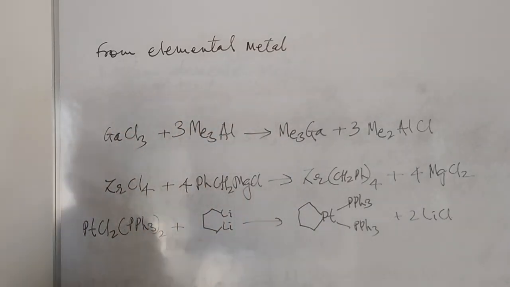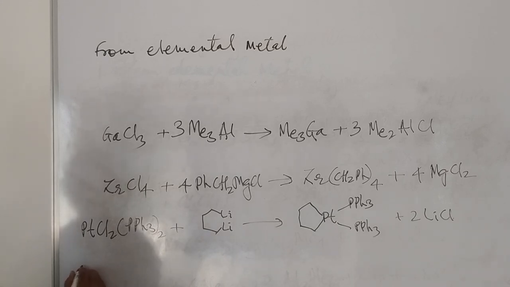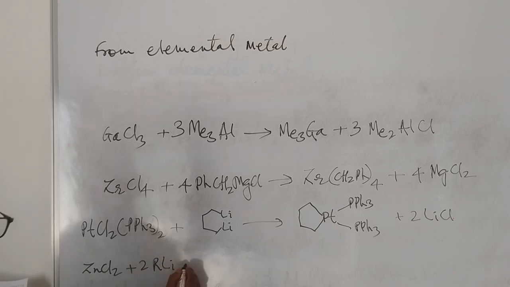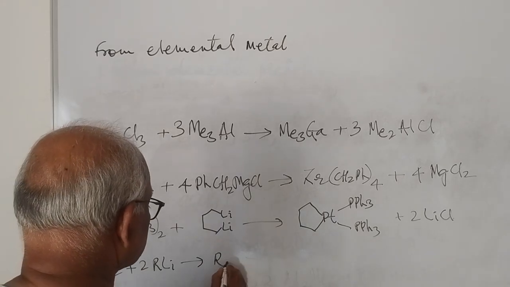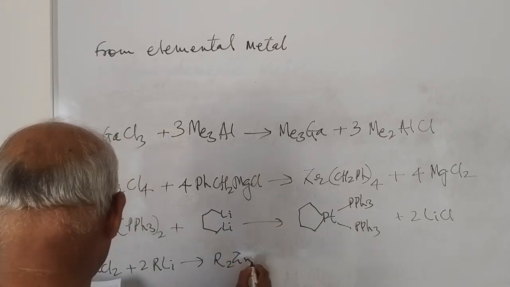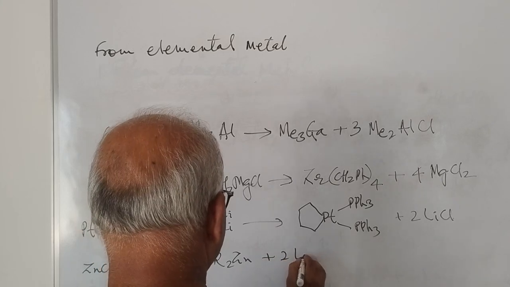Similarly, the zinc alkyl products are obtained by zinc chloride plus twice RLi. So this is the reagent. So it gives R2Zn as a product plus twice LiCl.